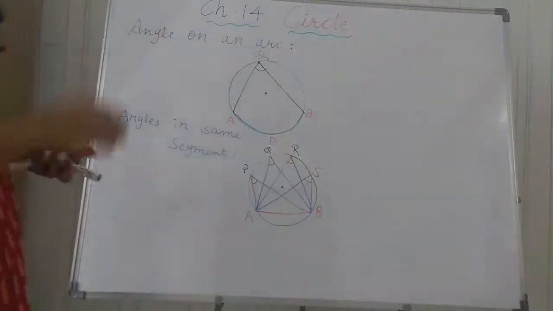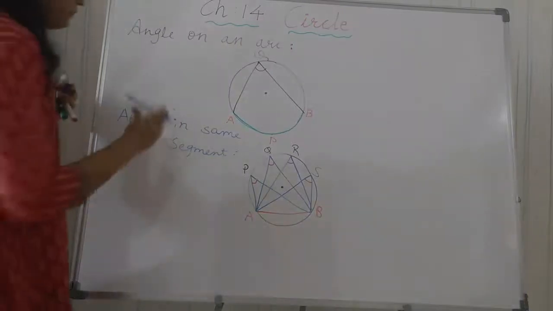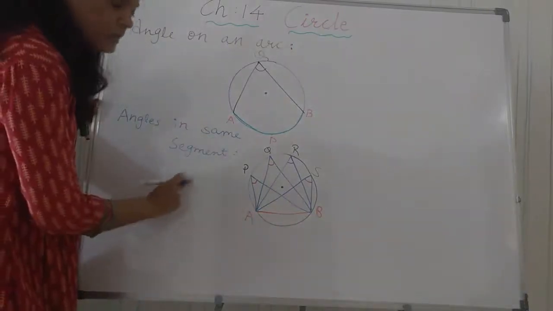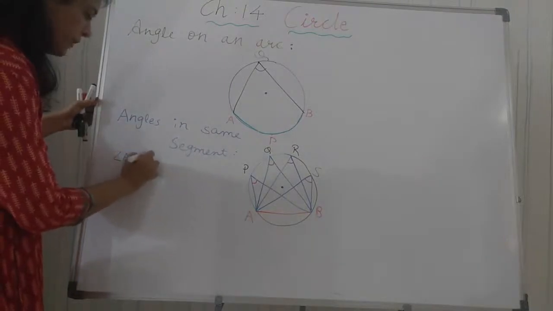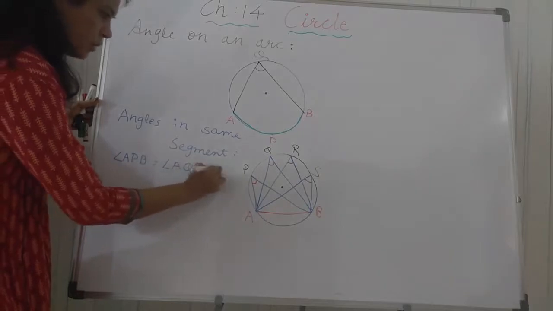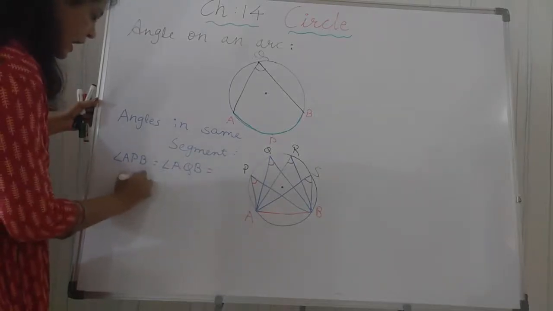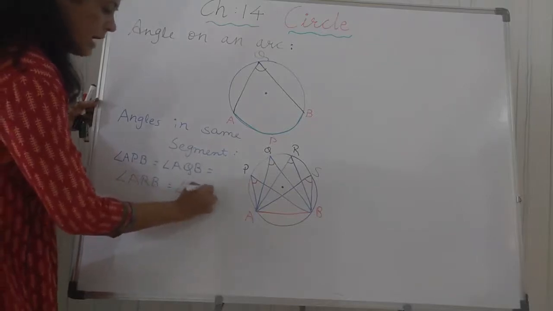Remember this thing, students. It is very, very important to understand that angles in the same segment are always equal in measure. So angle APB is equal to angle AQB is equal to angle ARB is equal to angle ASB.